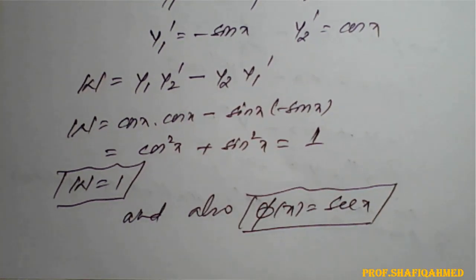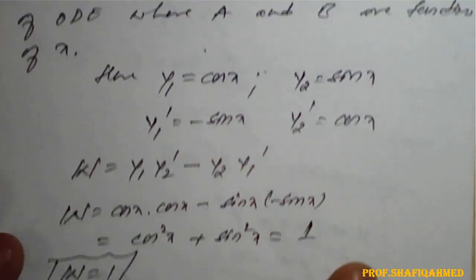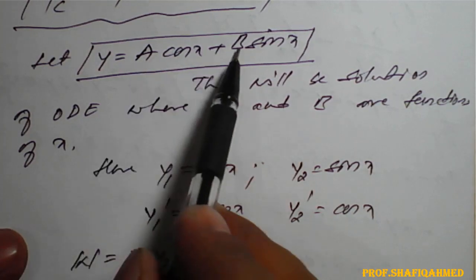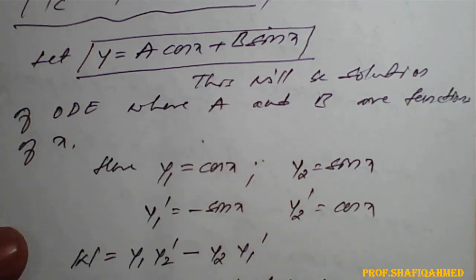Now we'll see the formula for capital A and capital B. Once we get the answers, we need to replace the A value and B value here.